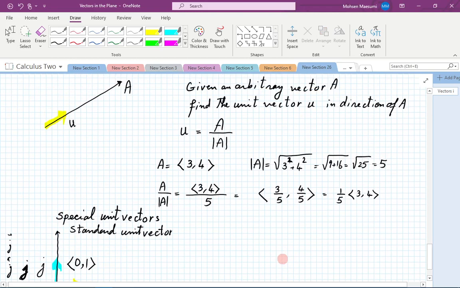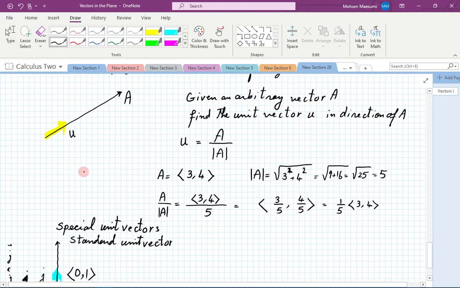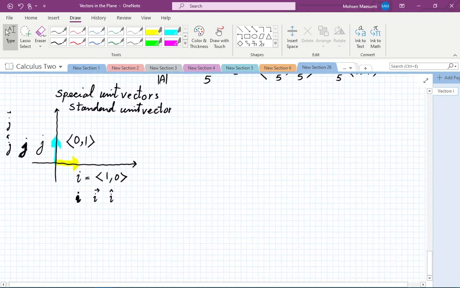Of course, if you take all the unit vectors that start from the same place and you draw all of them, what are you going to get? What does this look like? The tips are going to make the unit circle for us. So unit circle, the word unit appears there as well, is the same idea.